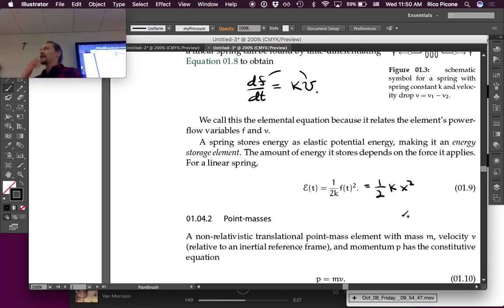If you compress a spring an inch, let's say, and it's a linear spring, you could say, okay, 1/2 kx squared, great. But say that spring was nonlinear and you had a different relationship there. It doesn't really depend on x fundamentally. It depends on what the force is that you've bound up in the spring.